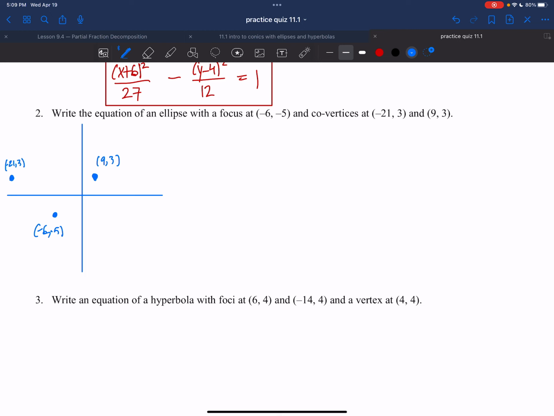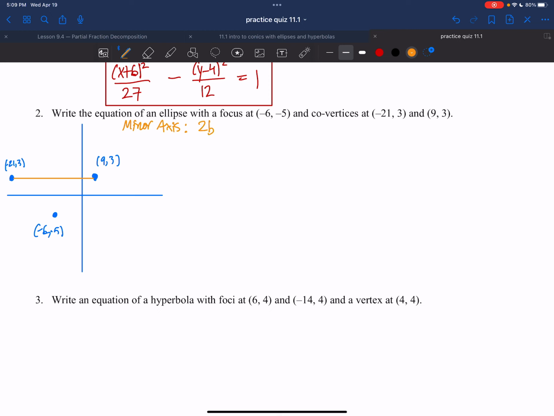Now you've got to pay attention to what these points are. The negative 21, comma 3 and 9, comma 3 are co-vertices, right? That means this length, maybe I'm going to choose a different color just so you can see, yellow, this length is the minor axis. And you know that the length of the minor axis is 2b.